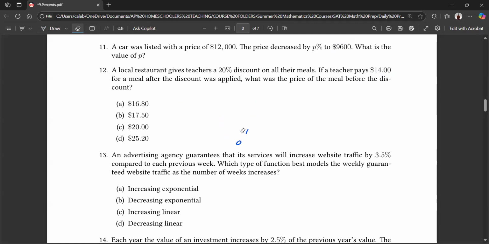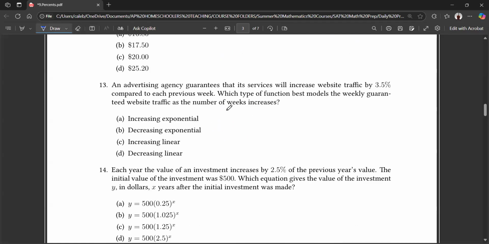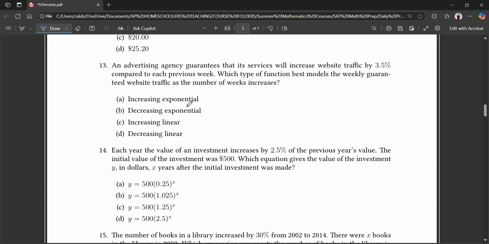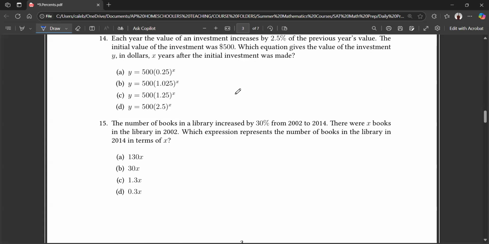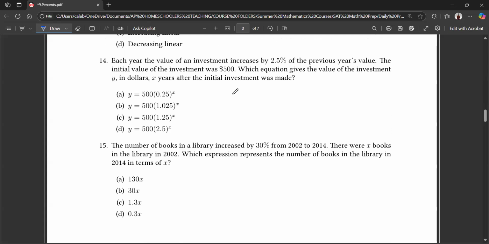And then let's see. I know I didn't really talk about this on the whiteboard, but these exponentials, right? If you do a percent over and over and over again, you're basically multiplying by something over and over again, which is pretty much what we mean by an exponent. Okay, so for example, question 14, each year the value of an investment is increasing.